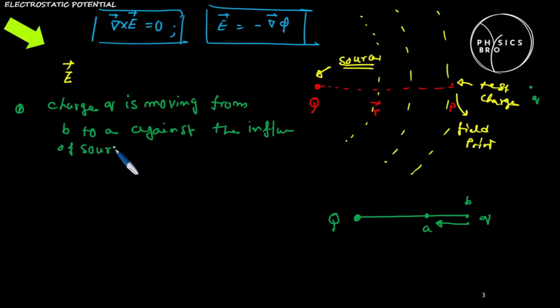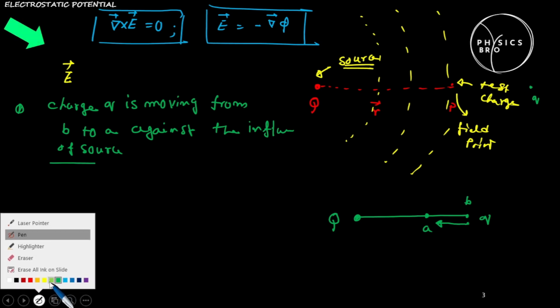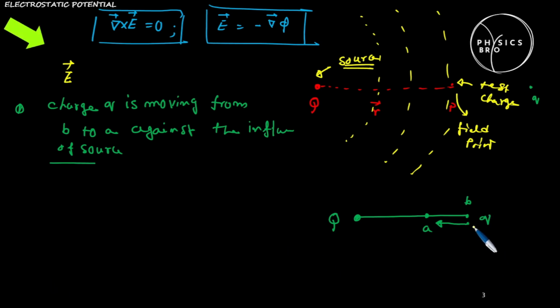So there must be some work done, because this source will not allow you to bring the q easily. There must be some force that will resist it. The force is q into E.